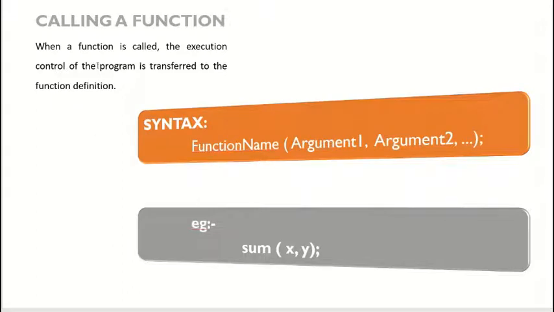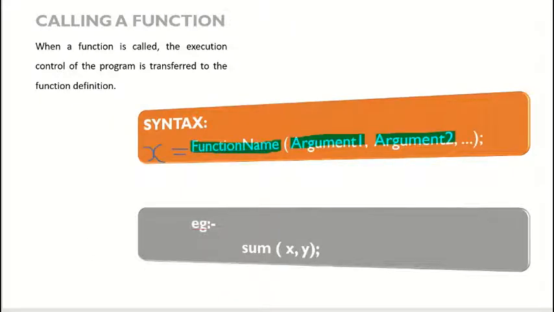So this is how we call a function. For calling the function, what we need to do is write the function name, then pass the arguments. If the function returns a result, we have to assign it to some variable, so that we will get the result in this particular variable.